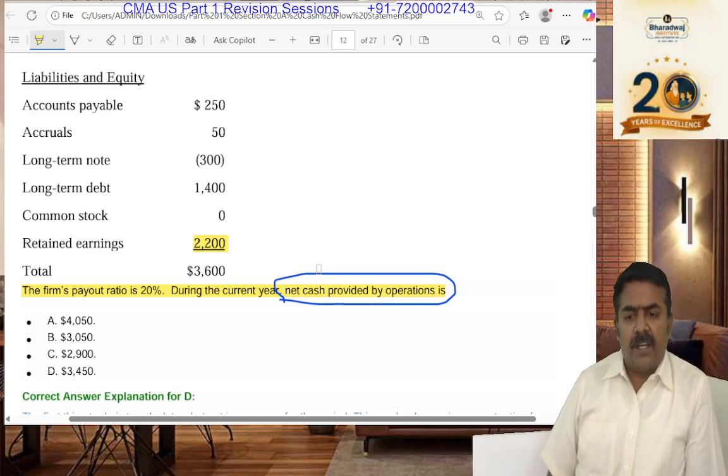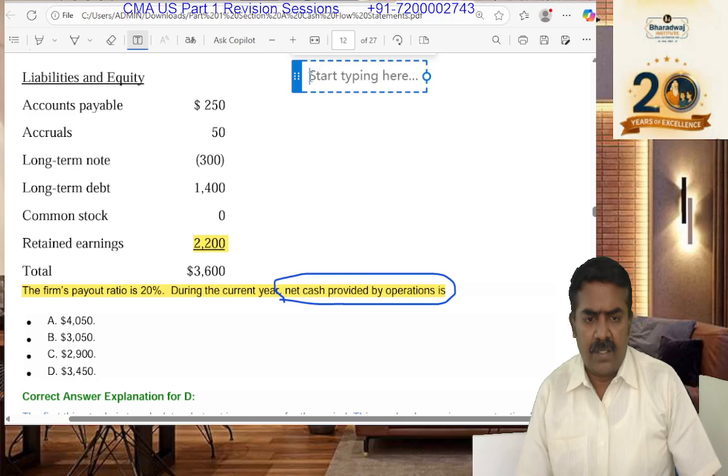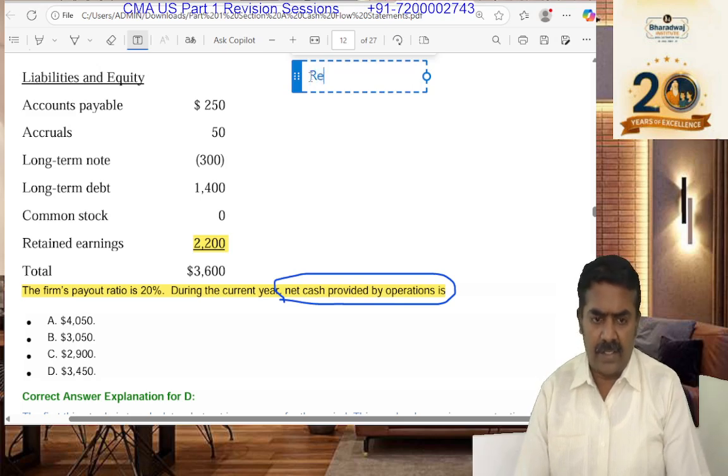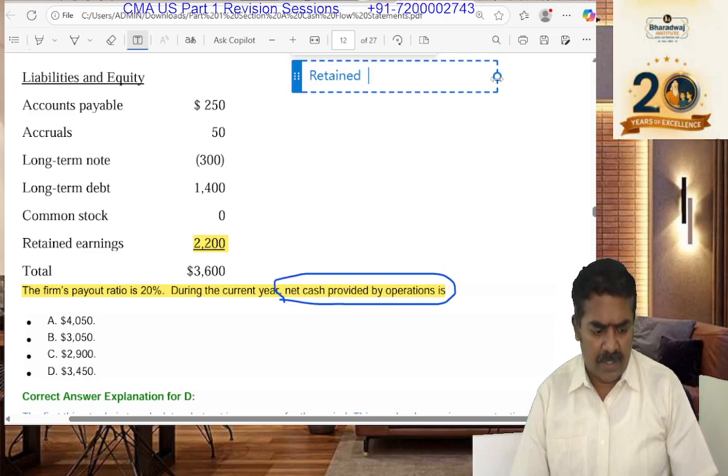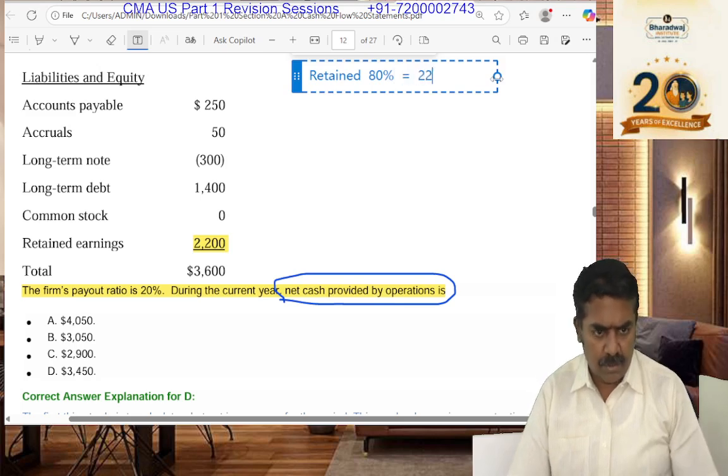The firm is paying how much percentage? The firm is paying 20%. Net income would have been what? 80%. Otherwise, retained earnings payout is 20%, means retained is what? 80%. That is how much? 2,200.